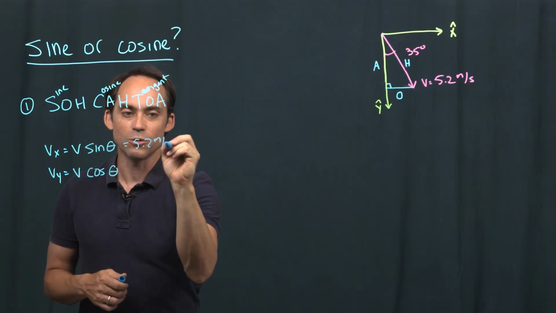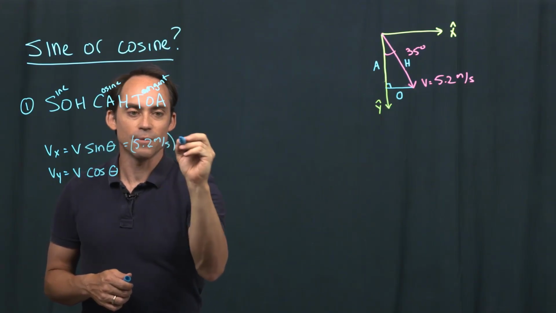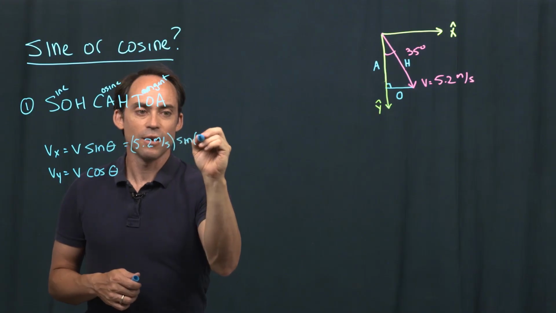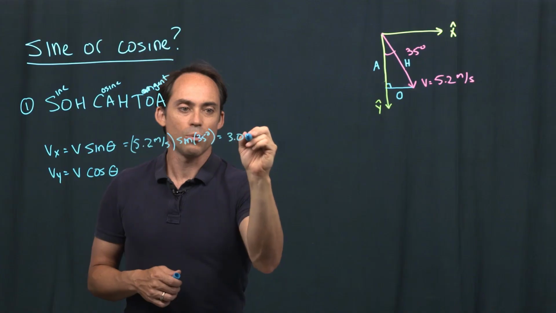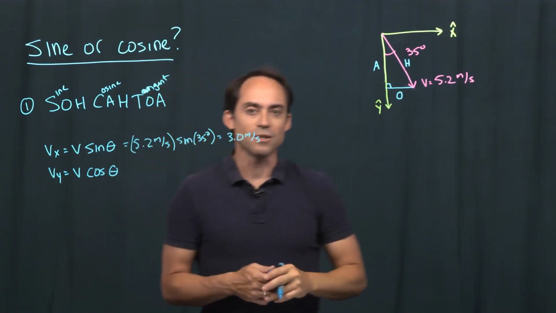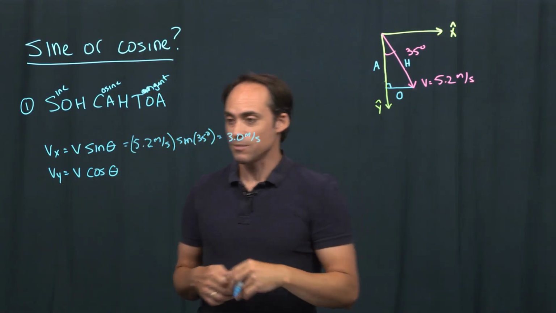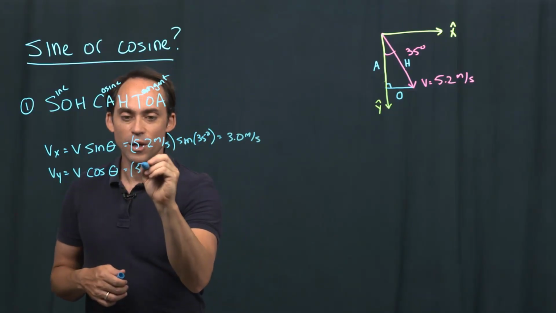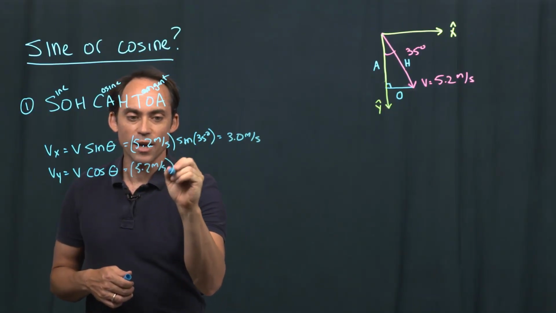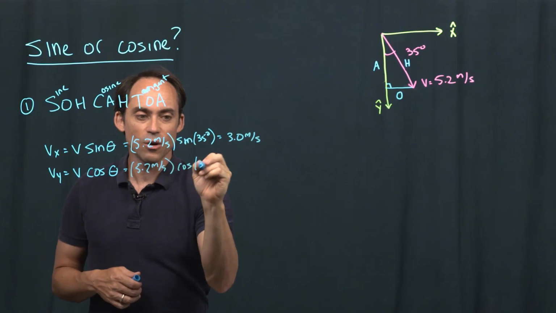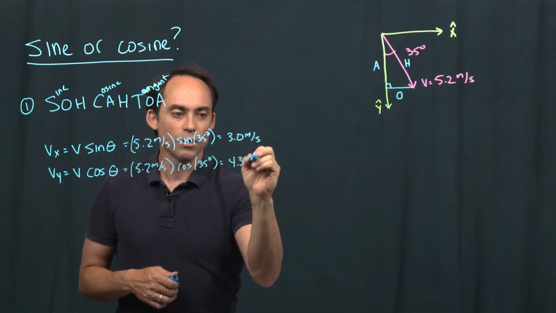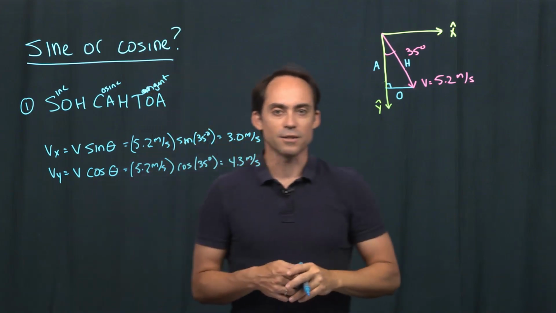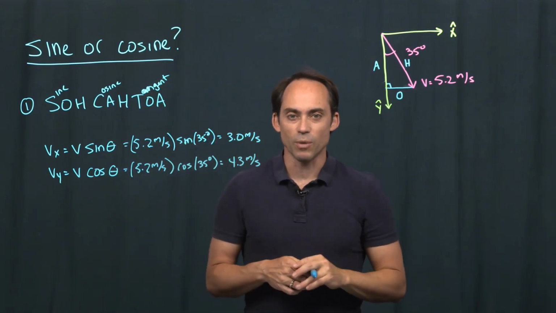This is 5.2 meters per second times the sine of 35 degrees, and this works out to be 3.0 meters per second to our correct number of significant digits. And we can do the same for our y component, that is the cosine of 35 degrees, and that works out to be 4.3 meters per second. Okay, so that's one way of doing it.